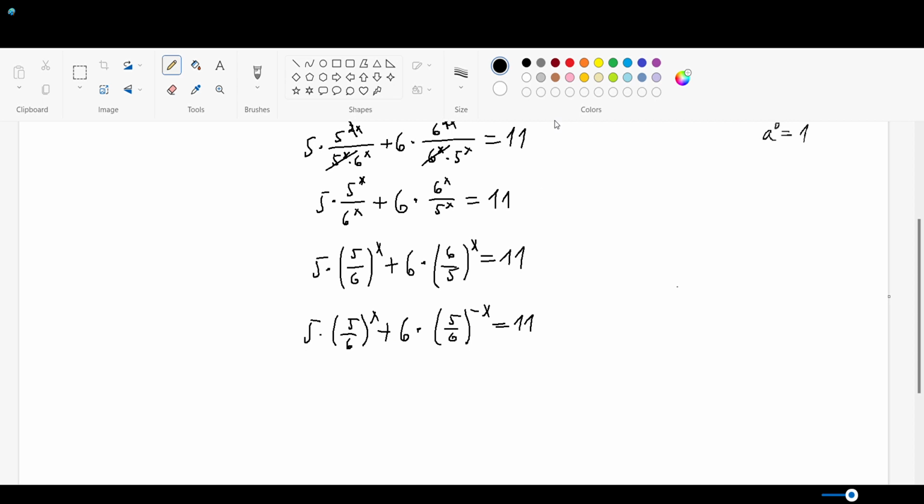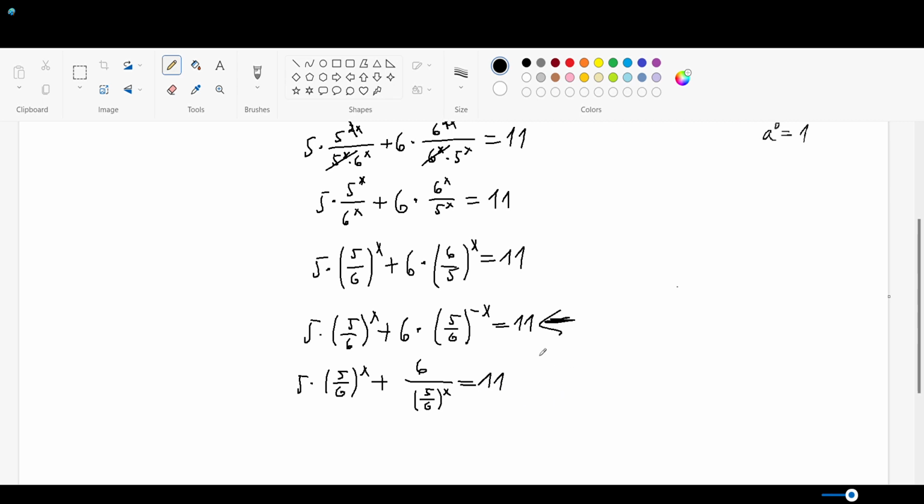Okay, now if we have the same bases, maybe you can't see it, so I'll explain for some of you that this can be really written like something like this: 5 times (5 over 6) to the power of x plus 6 over (5 over 6) to the power of x is equal to 11.